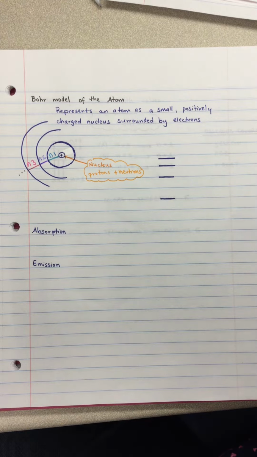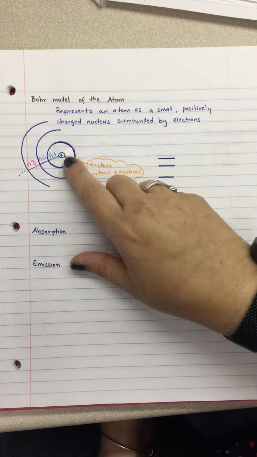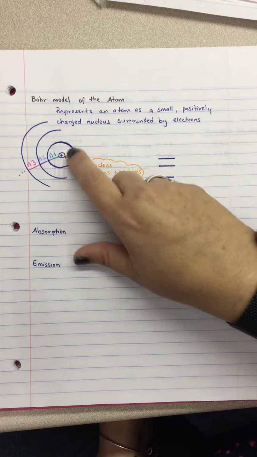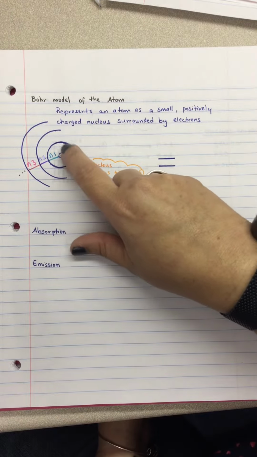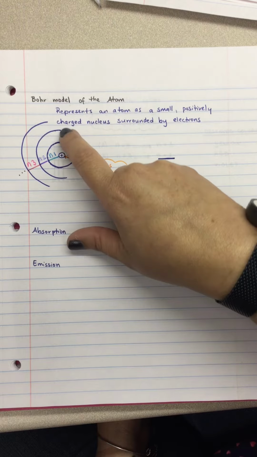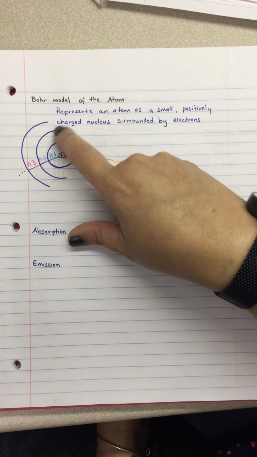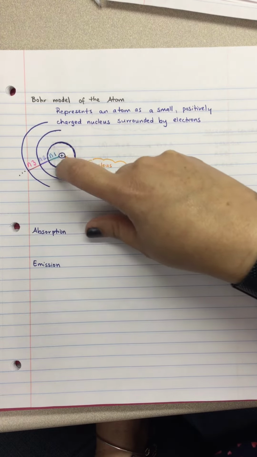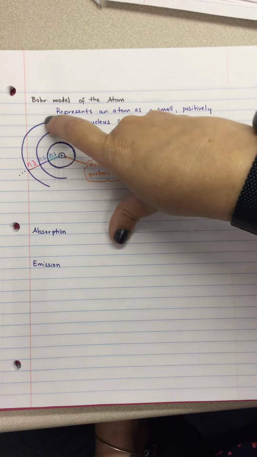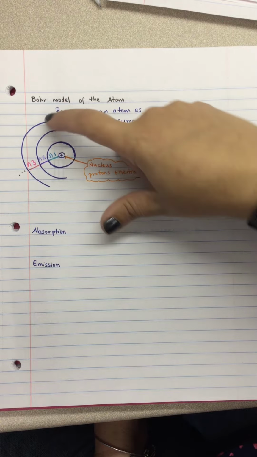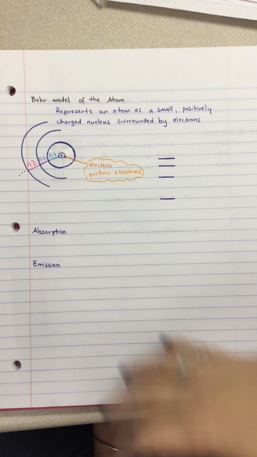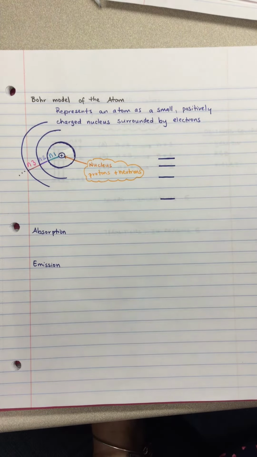So N is a letter that we use to represent energy. So I'm looking at my model here saying that N1 is one energy level. Then we move to a second energy level here, I'm using N2. And then we move to a third energy level, and we can continue to add energy levels all the way to 7.